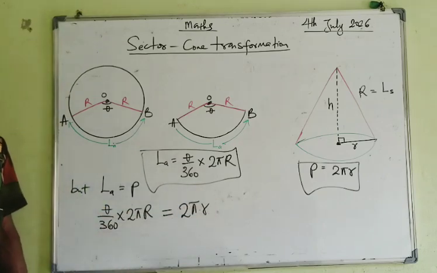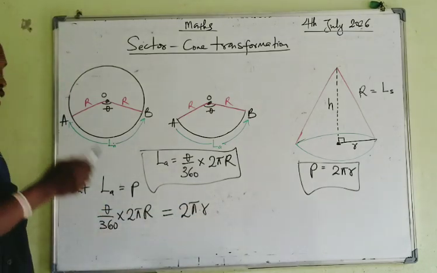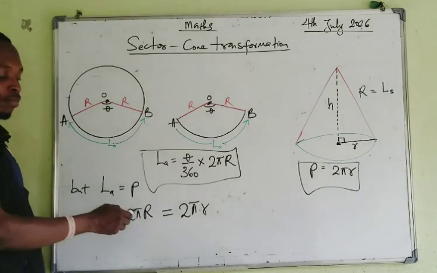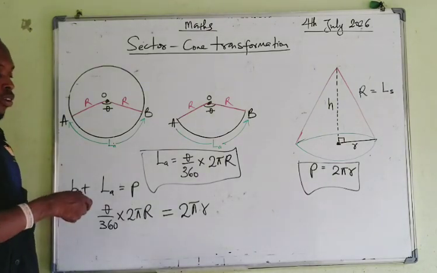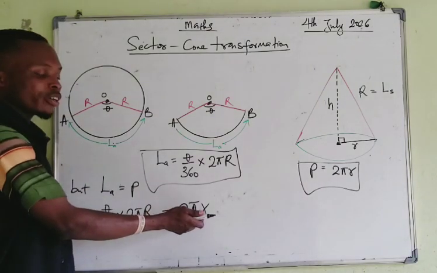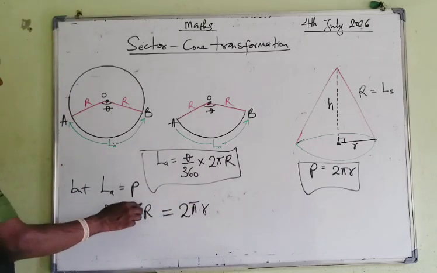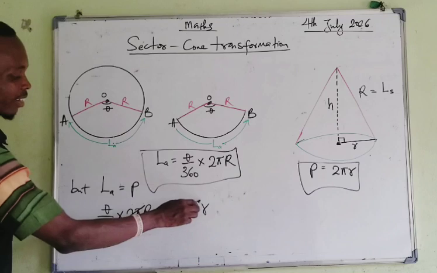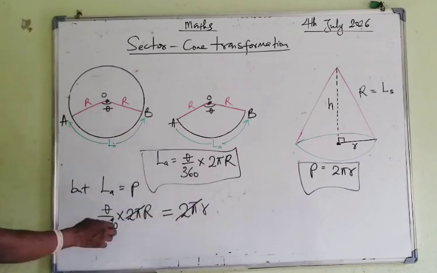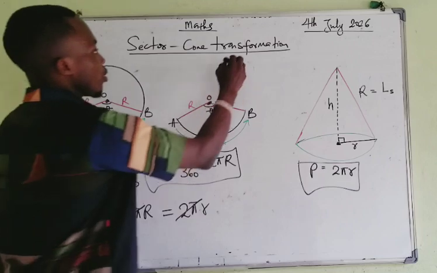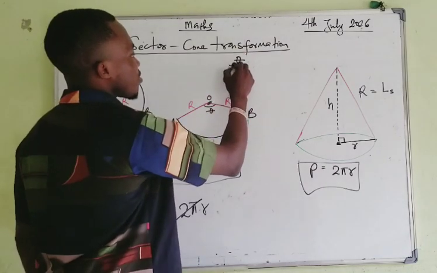From here we can deduce an important relationship between the radius of the sector and the radius of the new cone formed. The 2 pi cancels out 2 pi.